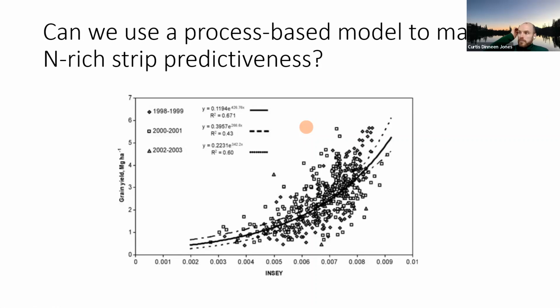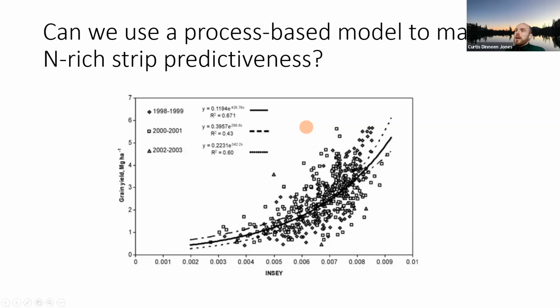And this is a plot from, I think, the 2005 Raun publication. Across a bunch of sites in the late 90s and early 2000s, this is a unitless in-season estimated yield factor, which they use to drive the in-season predictions that are then converted.